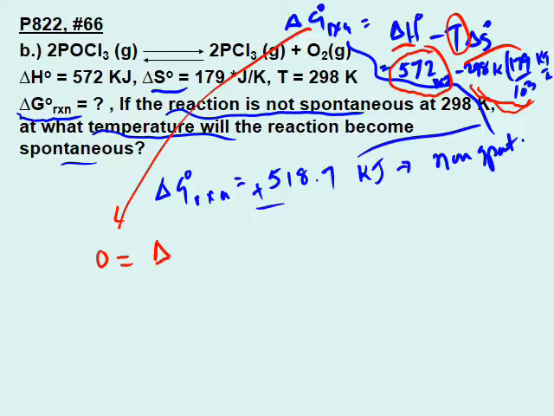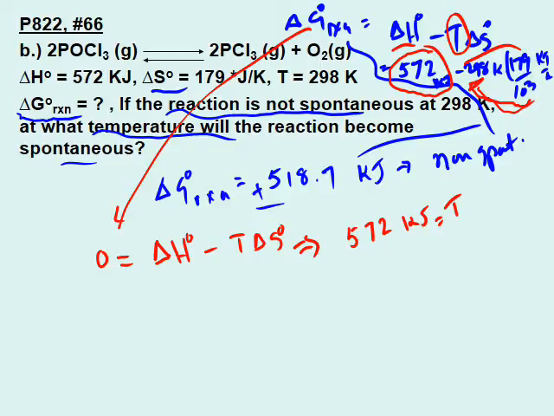This gives me delta H0 minus T delta S0. So basically we're setting these two equal, and we already know that delta H0 is 572 kilojoule, equal to, instead of writing 298 Kelvin now, I'm just going to write T, because we don't know at what temperature this is going to happen.